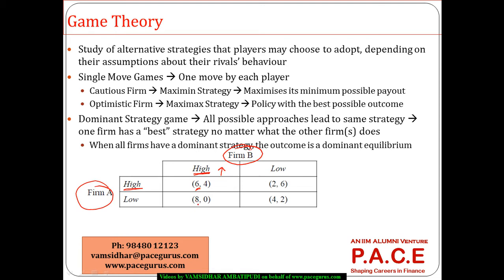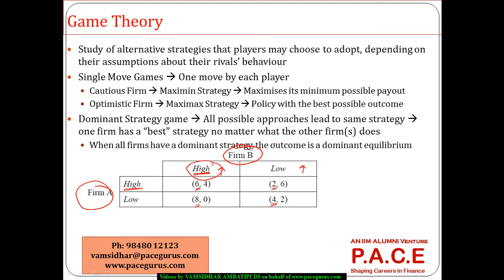A would benefit by $6. But if it sets a low price, let's say it will benefit by $8. And on the other side, if B has decreased the price, if A increases the price, let's say the benefit is $2. Whereas if A decreases the price, let's say the benefit is going to be $4. These are the payoffs corresponding to B's strategy.